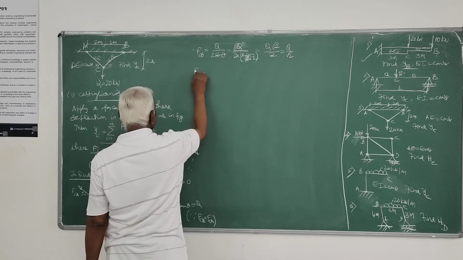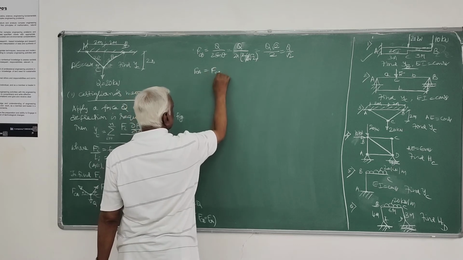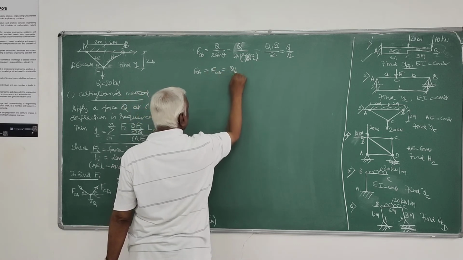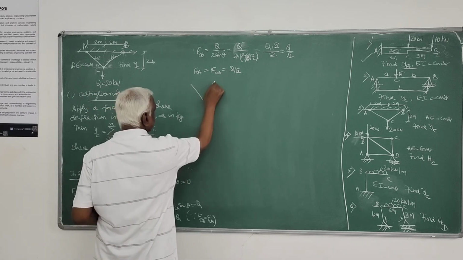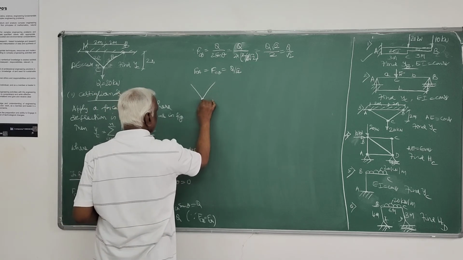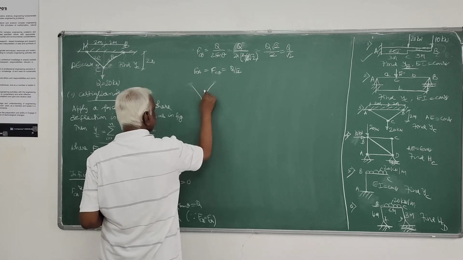Similarly, FCA is equal to FCB is equal to Q by root 2. So you get the forces here. Both forces you are going to get like this, both in the same direction.